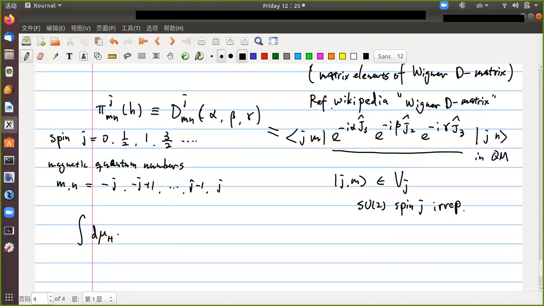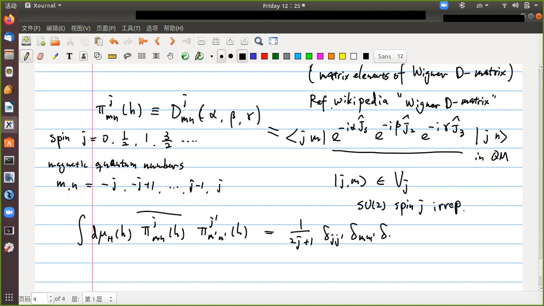If you use the Haar measure to integrate D^j_mn(h) times the complex conjugate of D^j'_m'n'(h), the result is 1 over 2j plus 1 times delta j j'. Okay, so they are orthogonal bases.